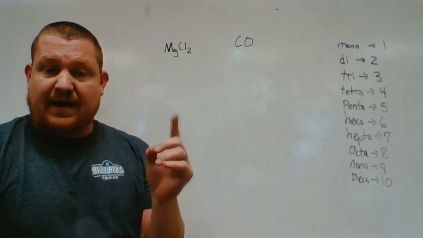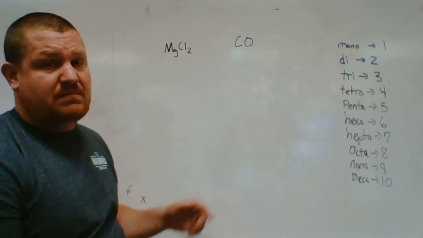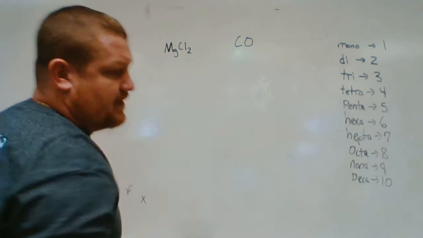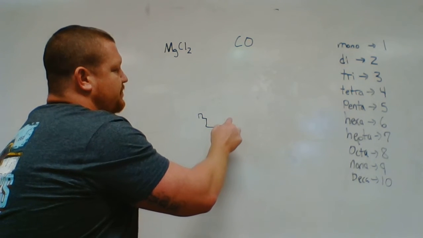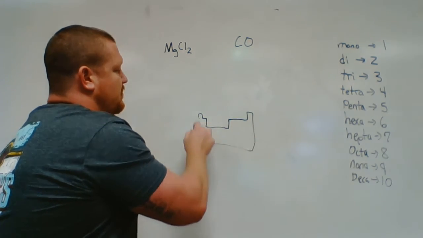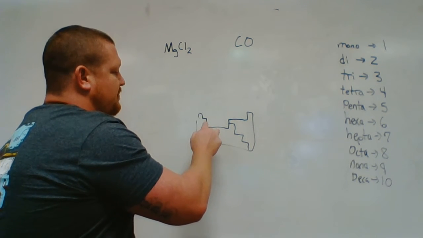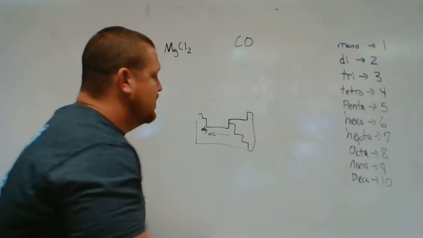Number one, surefire, easy way to figure it out: is there a metal? Magnesium is on the left side of the periodic table. If you've got your periodic table here, by the stair-step line, magnesium's right around here. It's a metal. Hydrogen is not a metal, remember that.